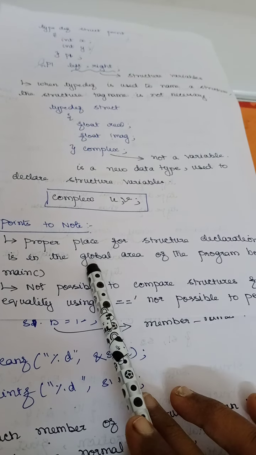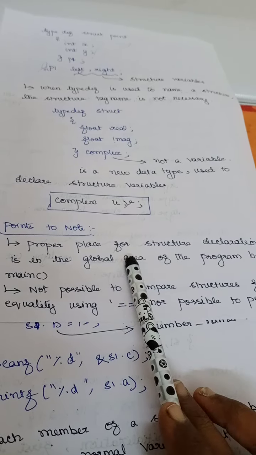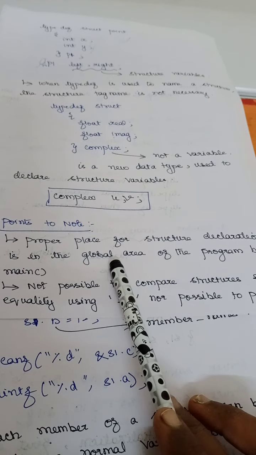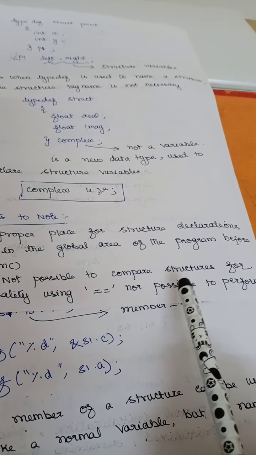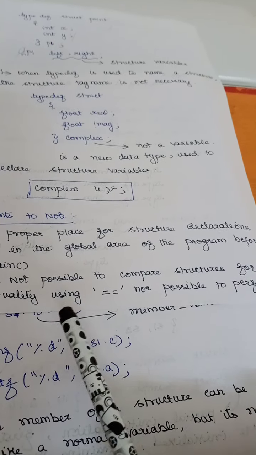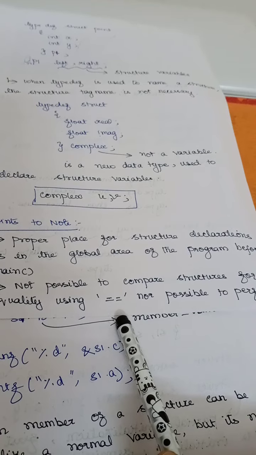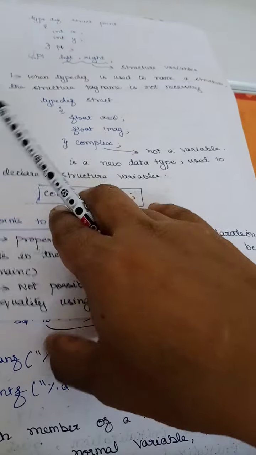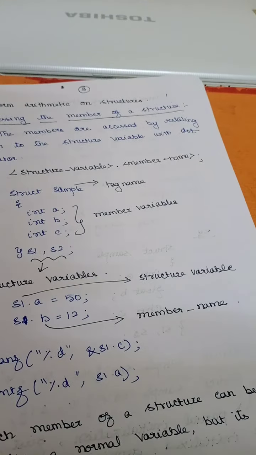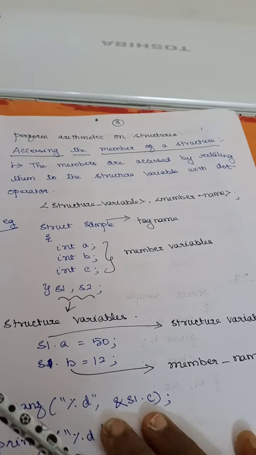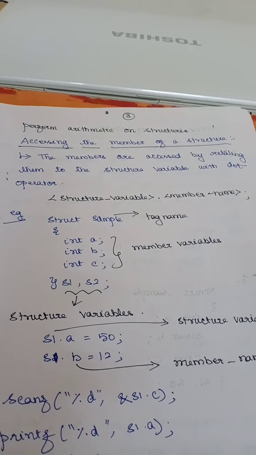So the proper place for declaring your structure is outside the main program. And it is not possible to compare your structures. I cannot use any arithmetic operations on my structure, and I cannot use equal to, not equal to, all these things. Now we'll see how to access the members of a structure.